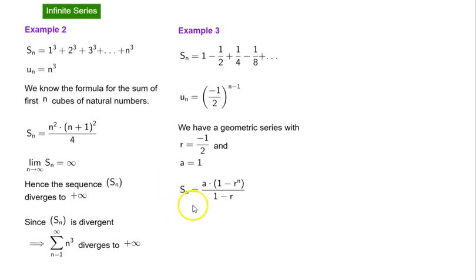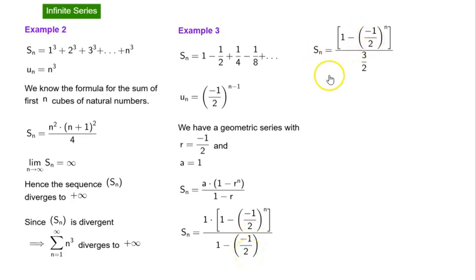S sub n would be what? We know the formula. That is a times 1 minus r to the power of n by 1 minus r. So we apply that. S sub n is equal to a, which is 1, times 1 minus minus 1 by 2 to the power of n, divided by 1 minus minus half.